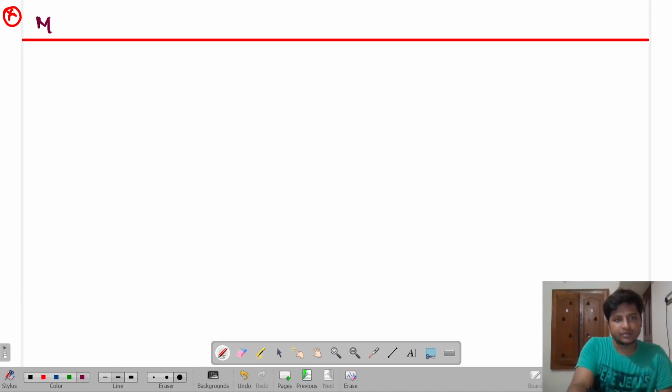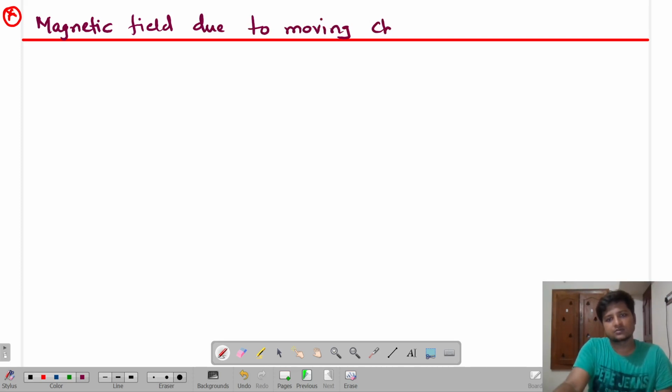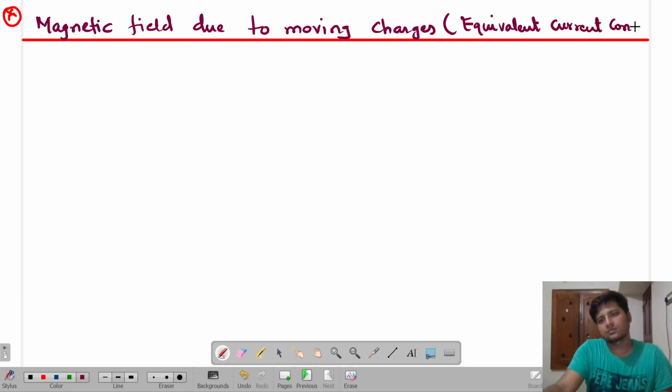So give the heading: magnetic field due to moving charges. It is also called the equivalent current concept. Okay.